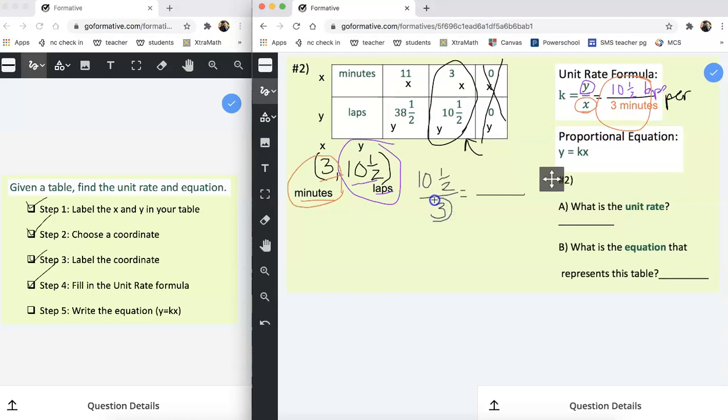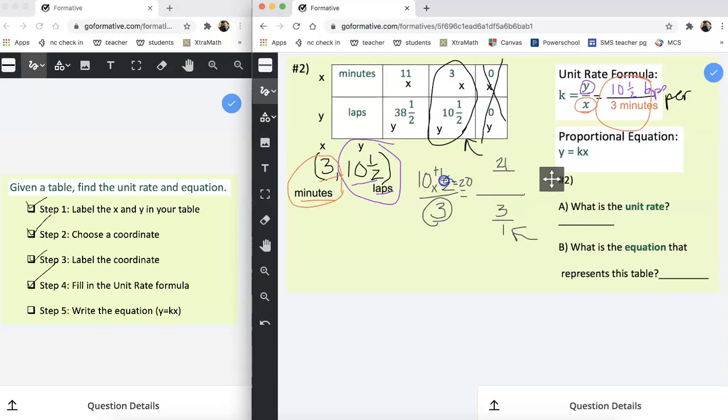So I'm going to change 3 to 3 over 1. You change an integer to a fraction by placing it over the number 1. And then I need to change 10.5 to an improper fraction as well. So 10 times 2 gives me 20. And then I need to add 1 to that 20. And I get 21.